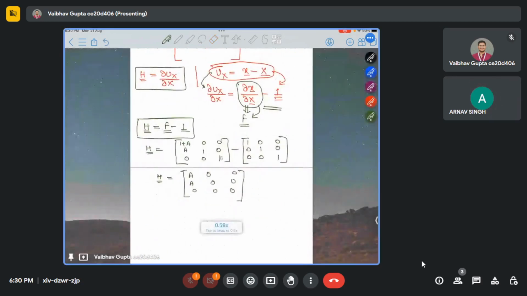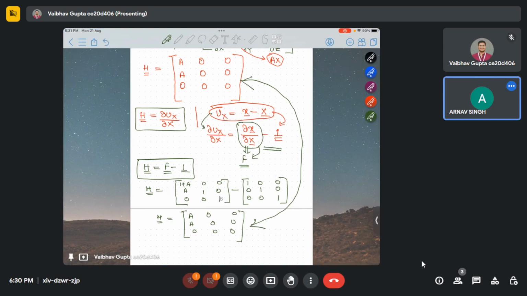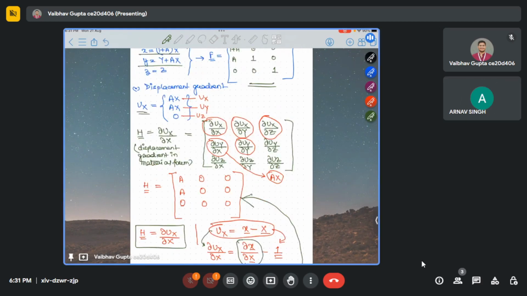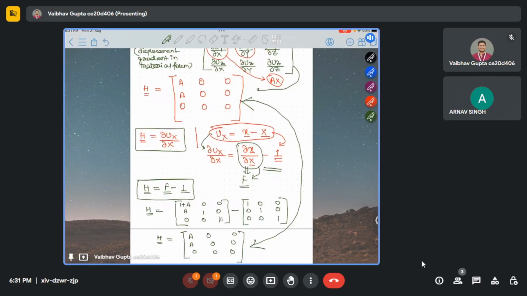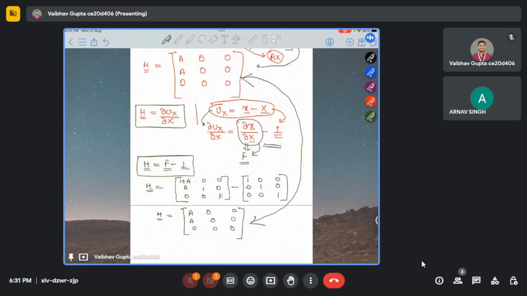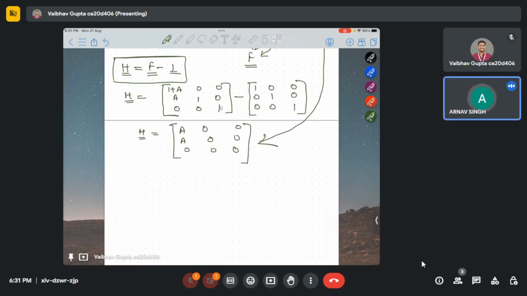Now see, this red H and this green H are both the same. So one way to find H is to directly find Ux and differentiate it with the help of this formula. And one way is if you find the deformation gradient F, you simply do F minus identity matrix. Got the point?